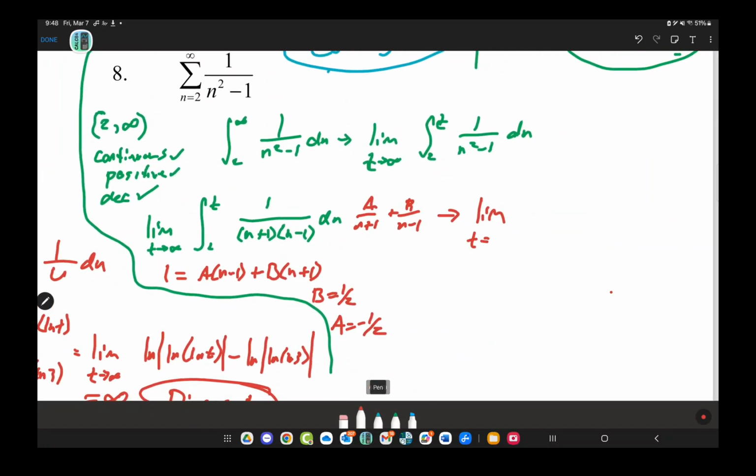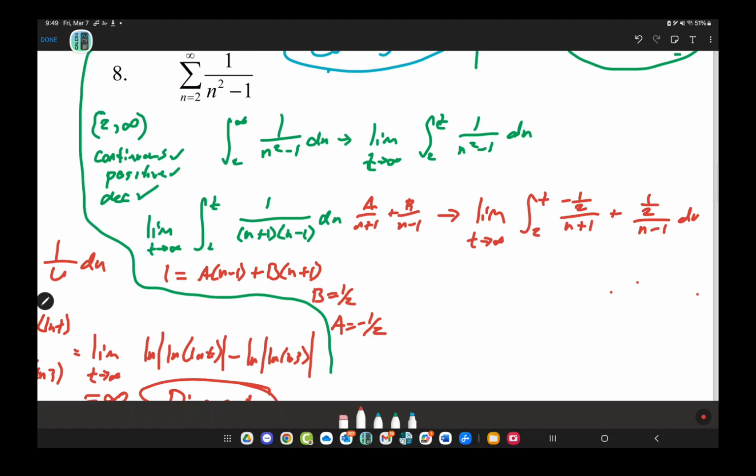So this is going to become the limit as t goes to infinity, integral from 2 to t of negative 1 half over n plus 1 plus 1 half over n minus 1. It's fine to leave it like that.